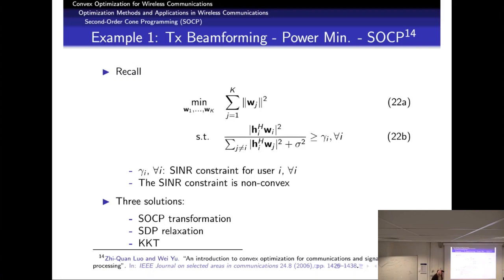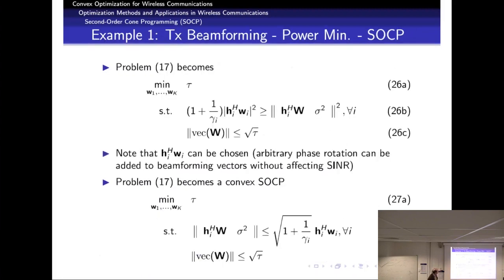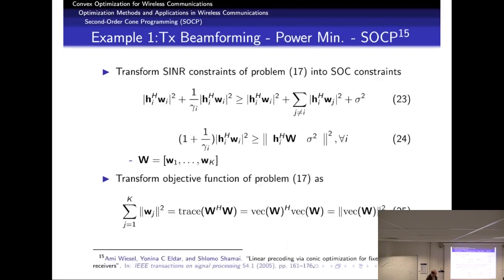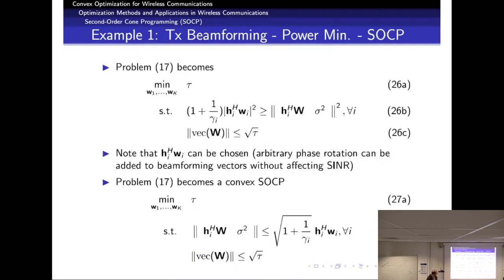I'm taking this quantity, this is my f naught of x, and I will bring this as a new constraint by introducing a new variable. Here I have my tau, and I'm saying now my objective function, which was this one, I'm now minimizing it, and so this quantity has to be smaller than tau, right?